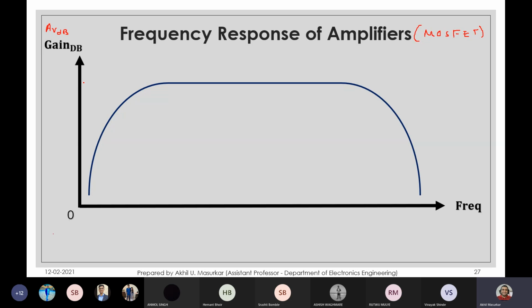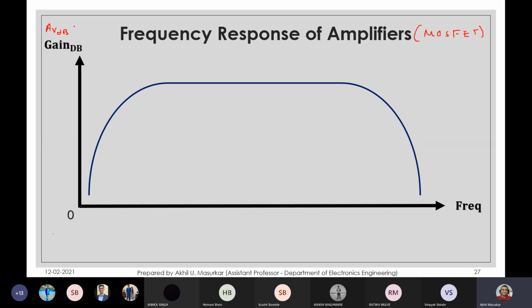So please listen to this part very carefully, because this is the crux of the entire frequency response.